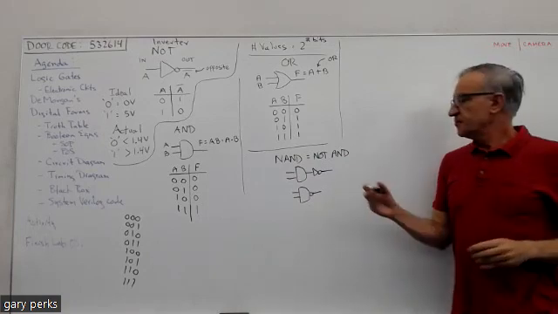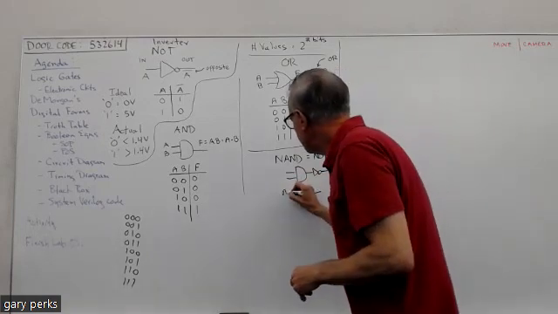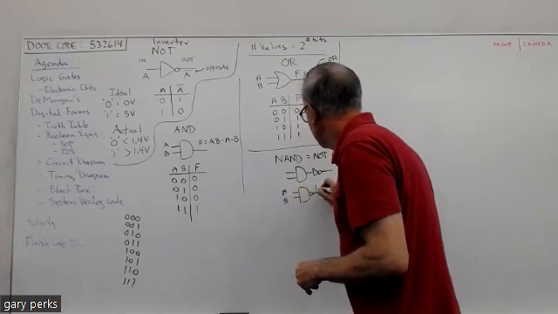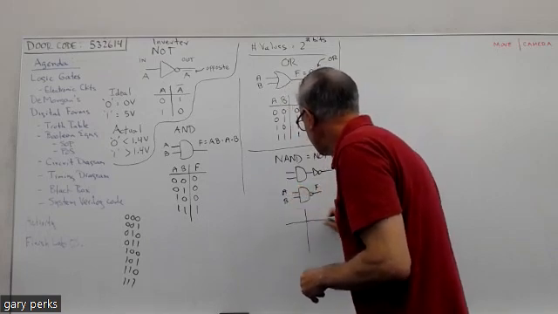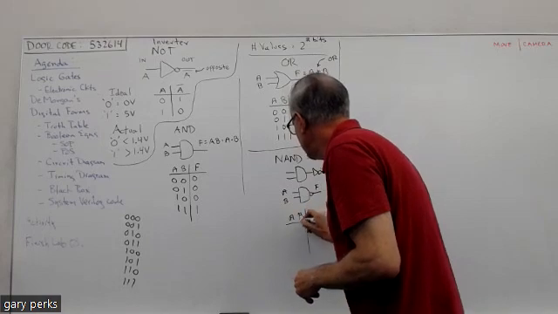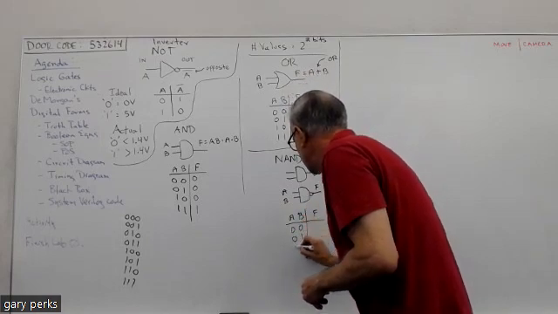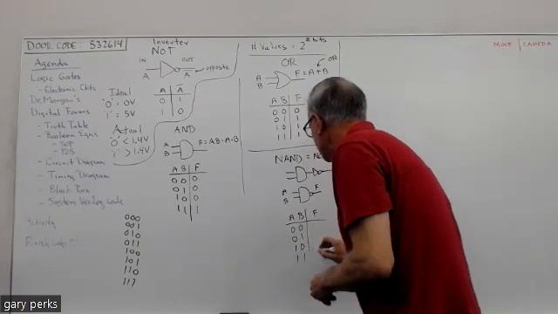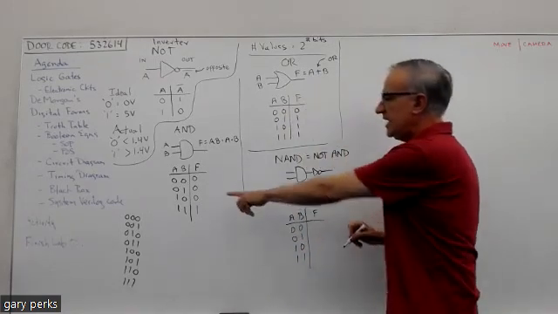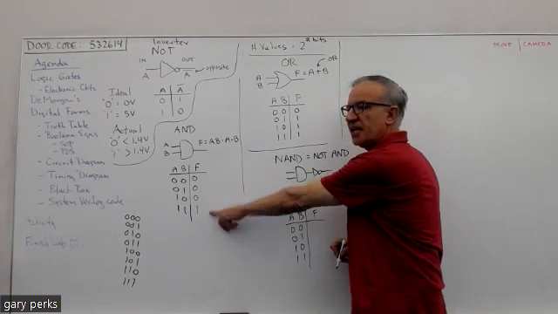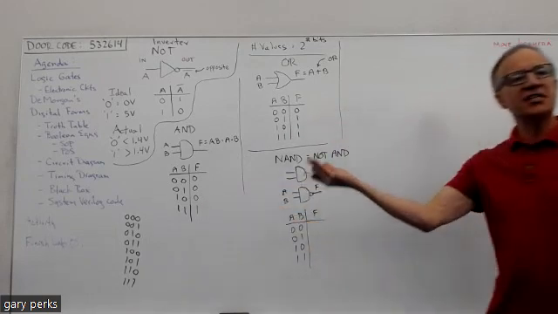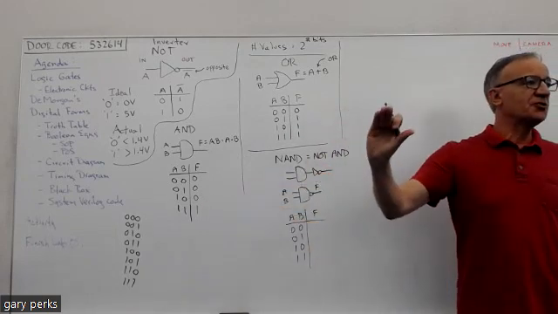Okay? So the truth table for a NAND is going to have an inverted output from what the AND does. So here's our truth table for the AND, right? Remember, an AND only gives us a 1 out when all the inputs are 1.